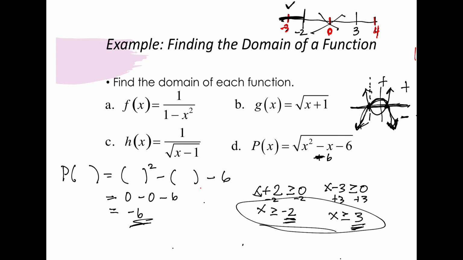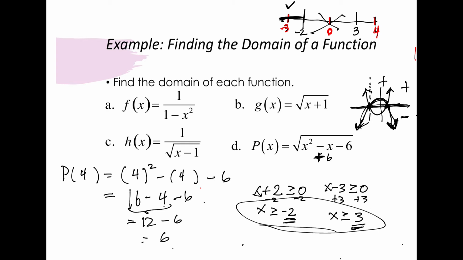Let's try 4, and I kind of suspect, as I'm sure you do, that we're going to get something that's okay here. And let's see if that actually works out. We can have our suspicions, we just want to be able to confirm those. 4 squared is 16 minus 4 minus 6. Well, 16 minus 4 is 12, and 12 minus 6 is 6. We keep on getting 6. That's interesting.